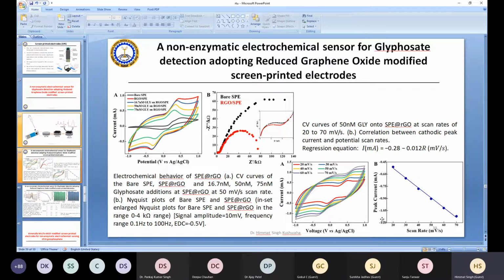It shows that the current signal increases with increased scan rate, and this signal increases mainly because at a higher scan rate more species are absorbed or react with the active surface.